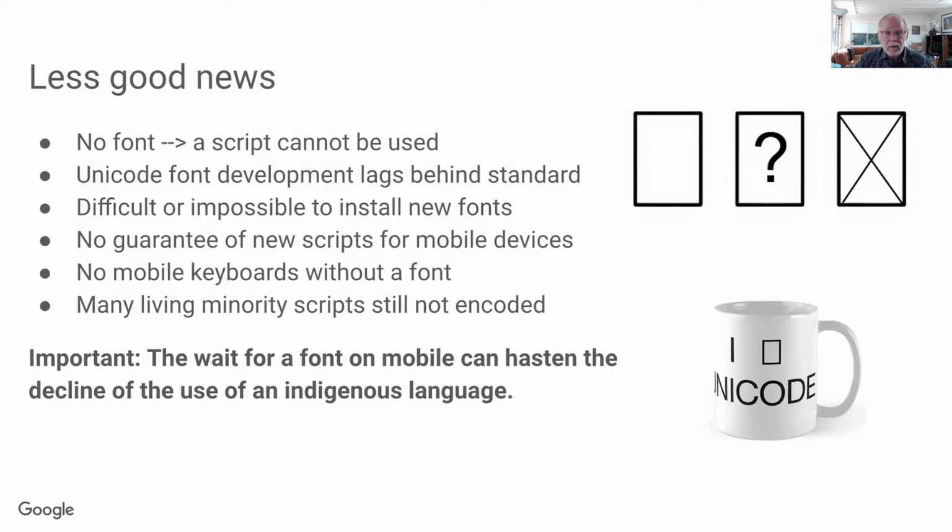Because it is difficult or impossible for many users to install new fonts on their devices, this means that when the fonts are available, they may not appear for the people who need them. And there is no guarantee that new scripts will become available for mobile devices. When there's no font, of course, a mobile keyboard can't be developed.